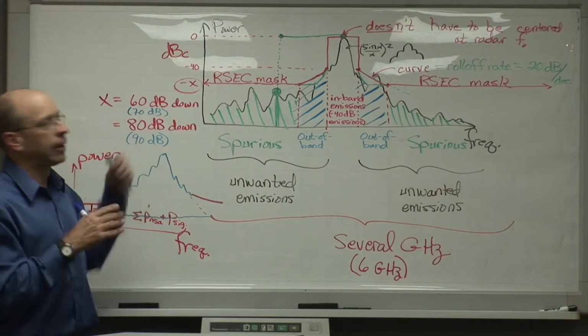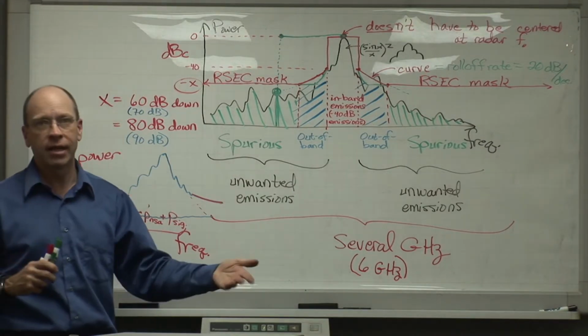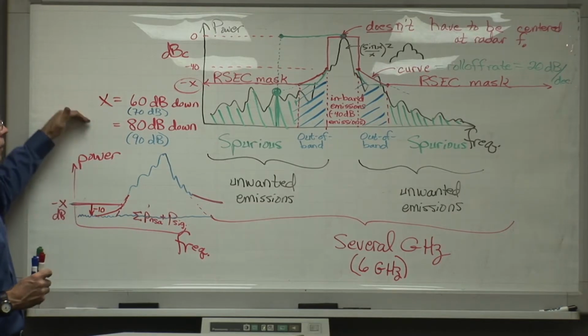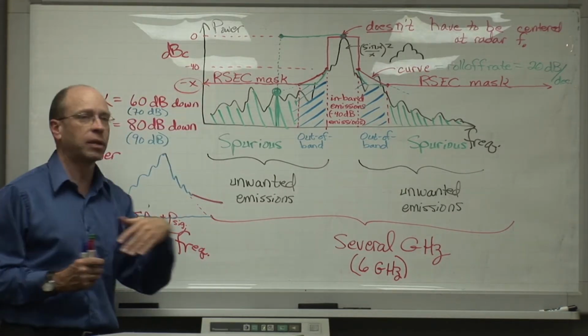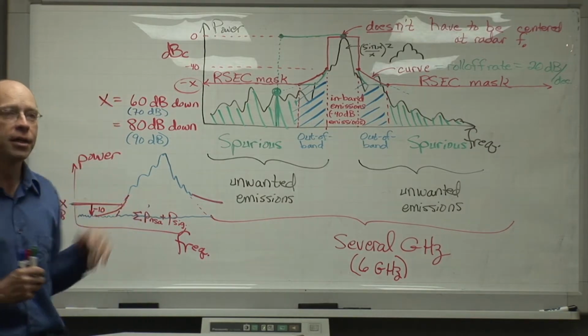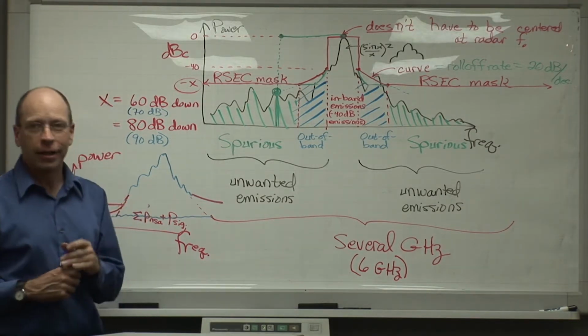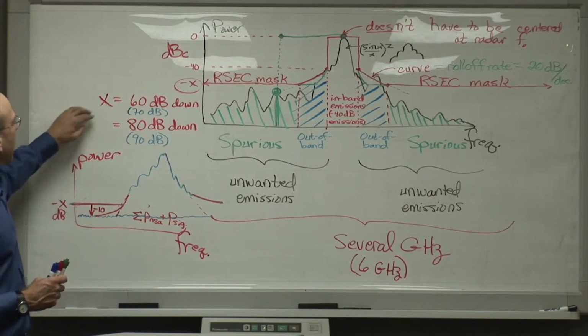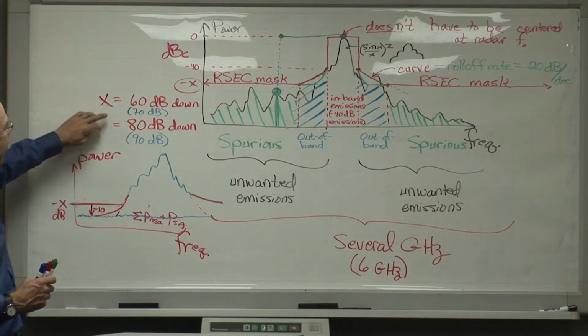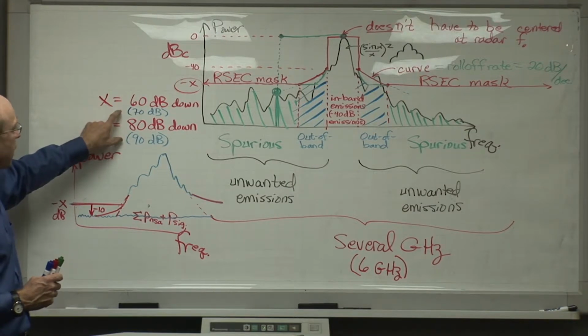Remember, we're trying to promote electromagnetic spectrum compatibility with the NTIA measurements, so we're trying to do better than just measure down to the mask limit. We want to see as far down as we can possibly go. I take it as a personal challenge to get 100 dB of dynamic range in a measurement or bust. But that's just me. To show compliance, you've got to get 70 to 90 dB.